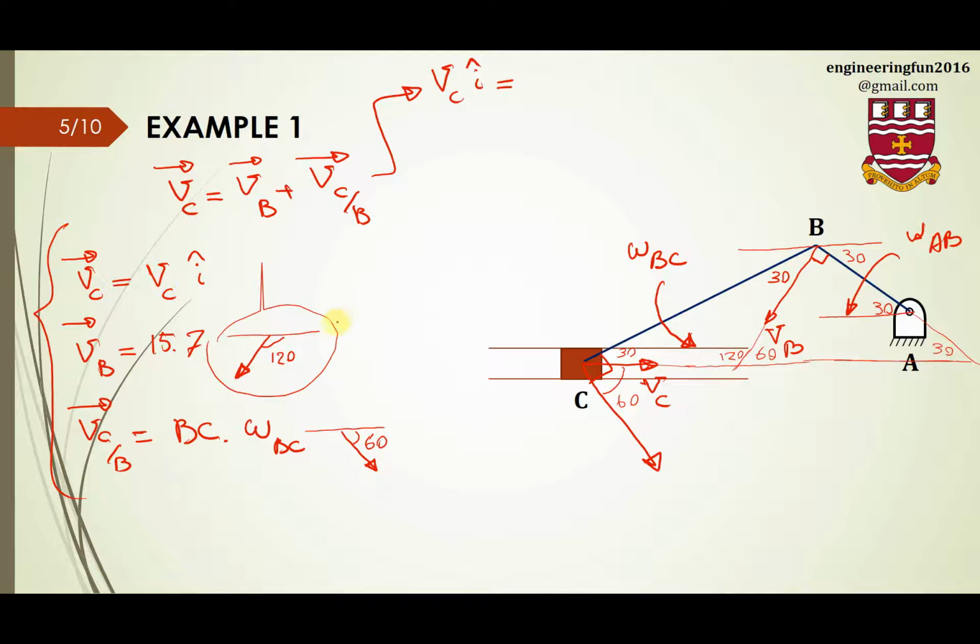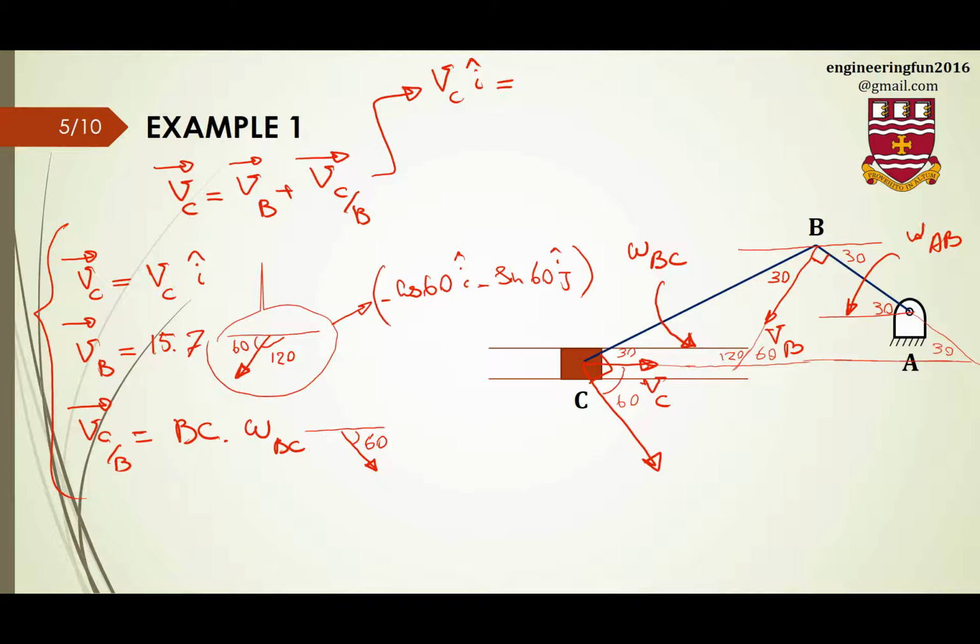This vector here is, so if this is 120, this angle is 60, this is minus cosine 60 in I direction minus sine 60 in J direction.